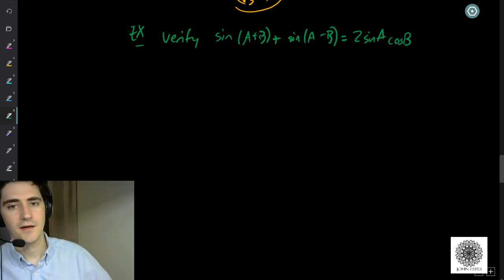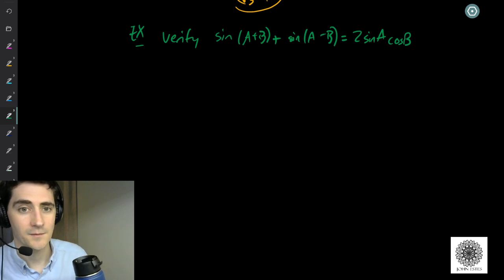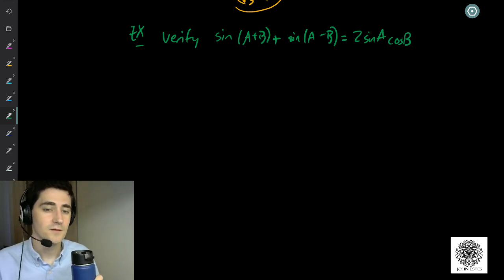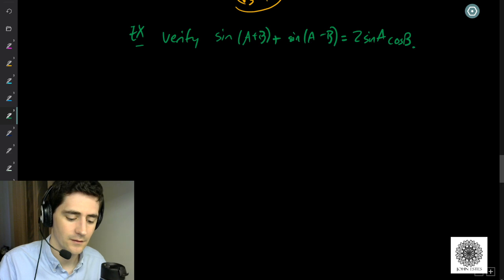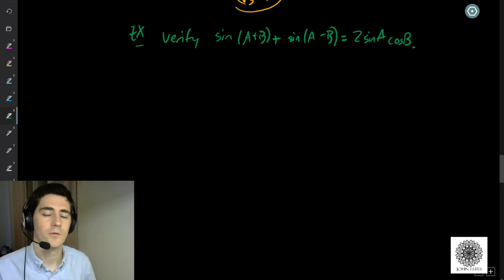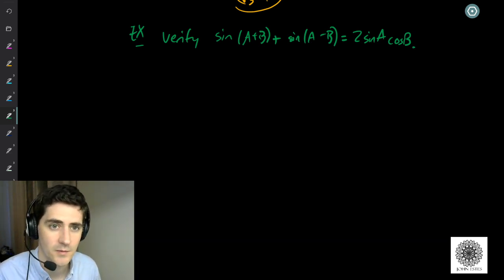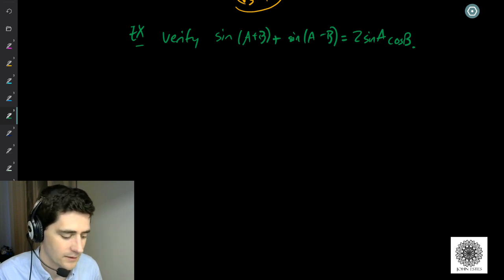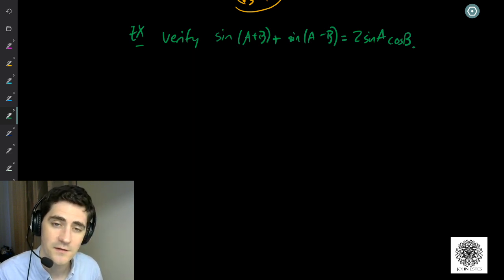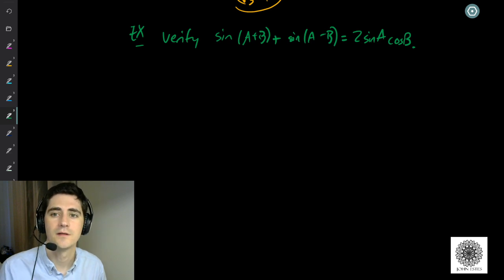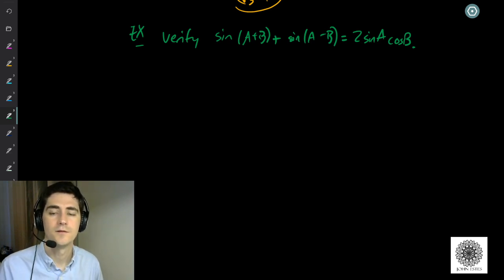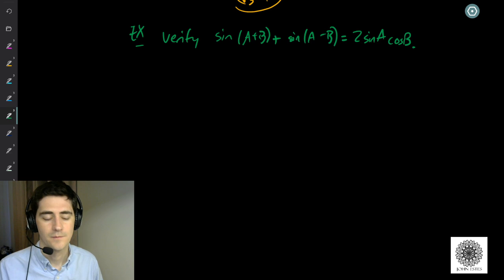So if I add sine a plus b and sine a minus b, that's actually the same thing as 2 sine a cosine b. Now, if you remember, verifying identities means you're basically doing a proof statement, right? You're going to start with one side of the equation, the more complicated side, and hopefully deduce the other side of the equation.